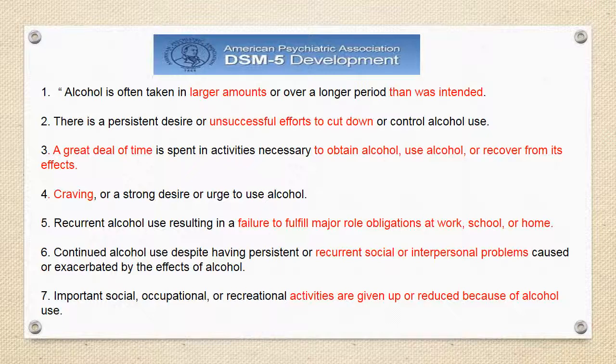They may begin to fail to fulfill major roles or obligations at work, school, or home. They may continue alcohol use despite having recurrent social or interpersonal problems. A person may give up activities that they once enjoyed or reduce doing these types of activities because of their alcohol use.